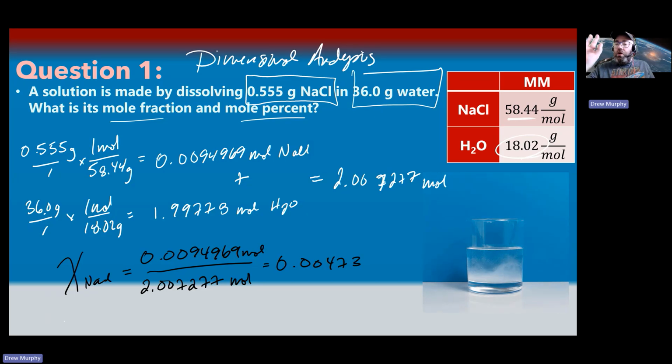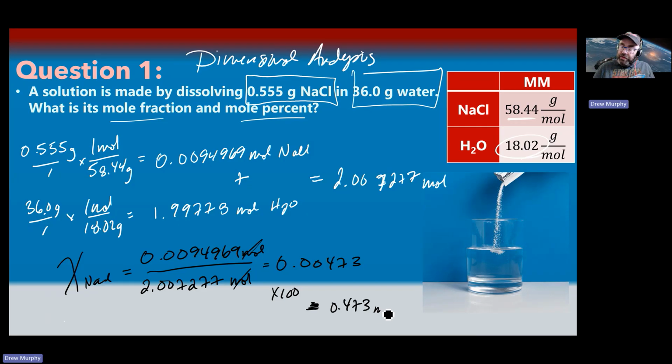There are no units on mole fraction because we did moles divided by moles and the moles cancel out. If we want mole percent, we multiply this by 100, which gives us 0.473%. And this is the mole percent.